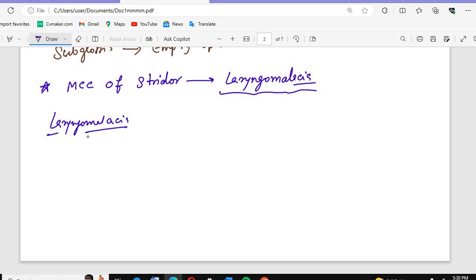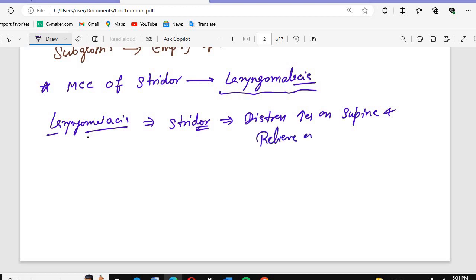Laryngomalacia is the most common cause of stridor. What type of stridor do we see in this condition? When we are talking about the stridor in laryngomalacia, the distress will increase in supine positions and relieve in the prone position.